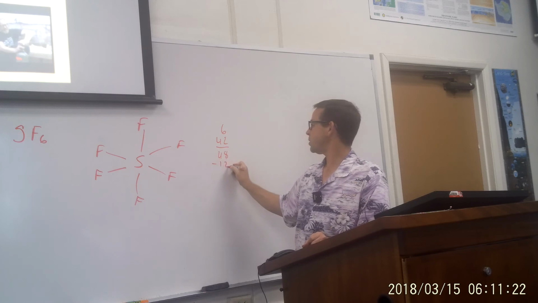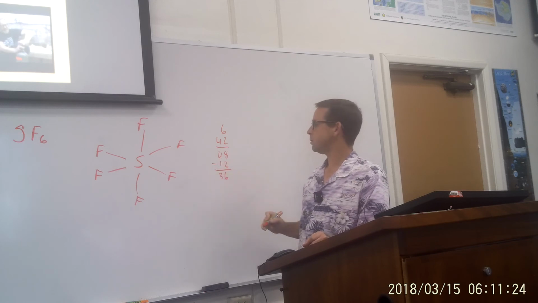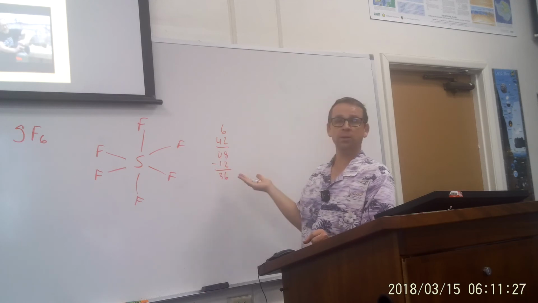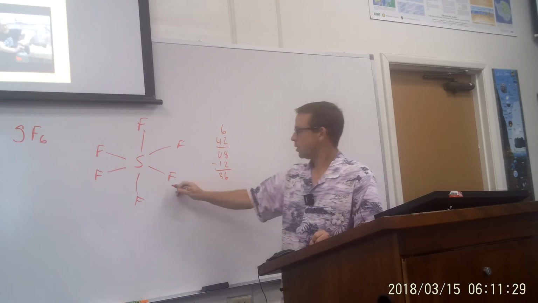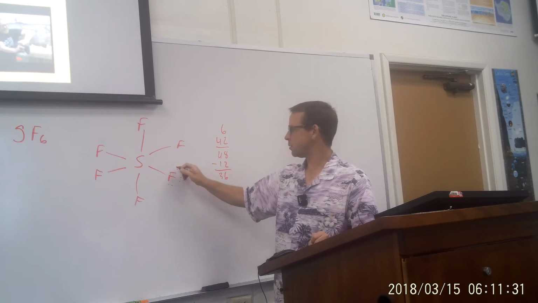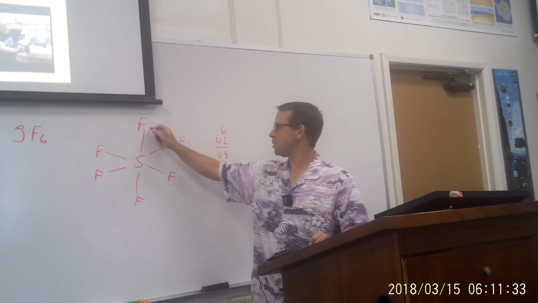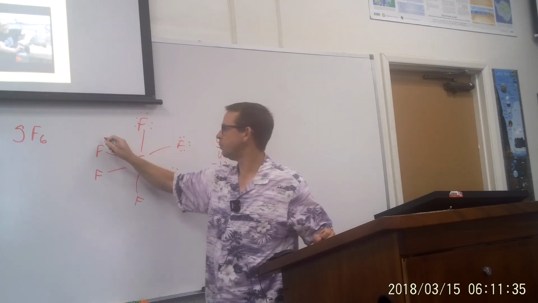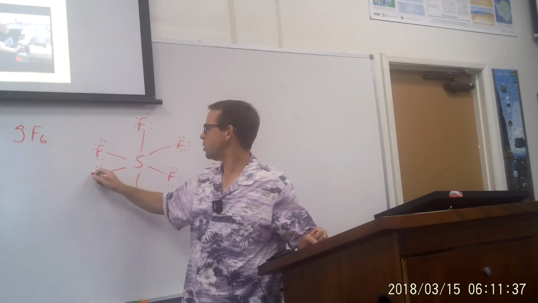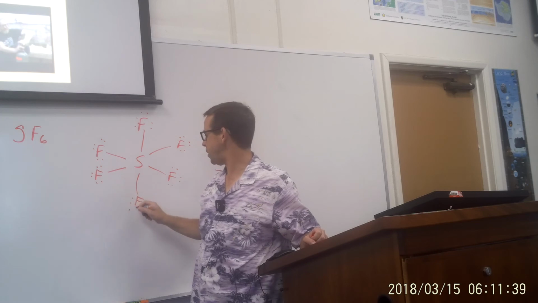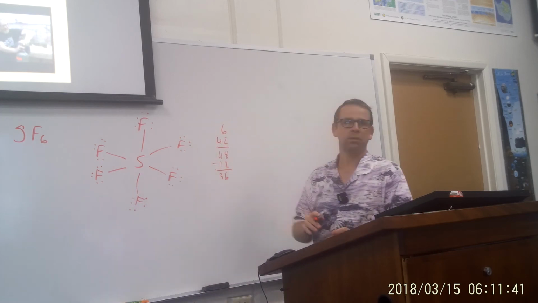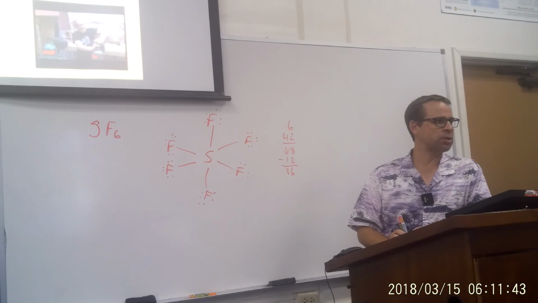12 minus 12, that gives me 36. All right, who needs more electron density? The fluorines do, each one needs 6. So that's where our 36 electrons are going to go. Okay, so following the same pattern, and that's our final structure.